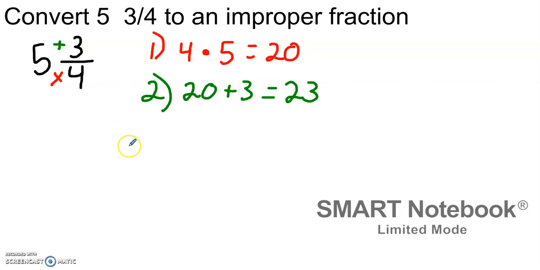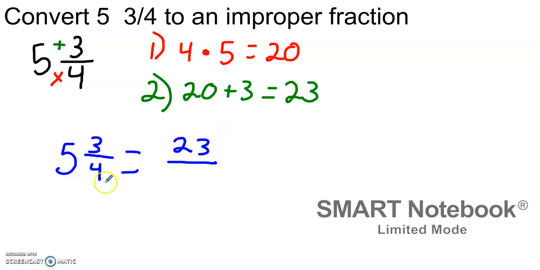Step 3 tells us that my new numerator as an improper fraction is going to be 23, and my denominator is going to stay the same, which in this case is 4. So 5 3/4 became 23/4. I'm going to circle that because, again, that's my final answer. I want you to pause this video now and write down this example in your notebooks.